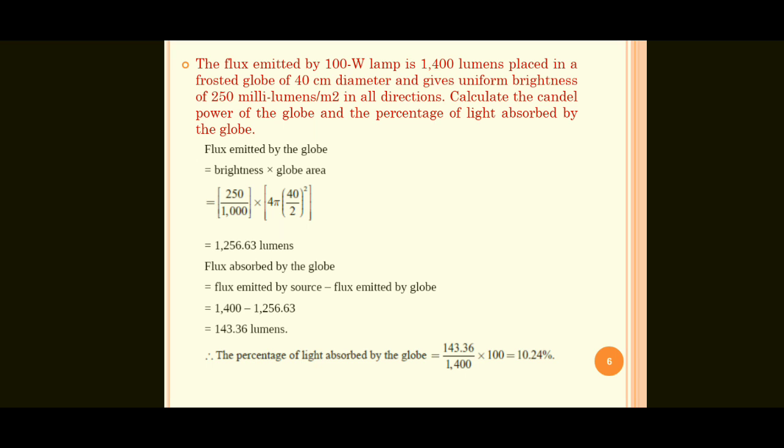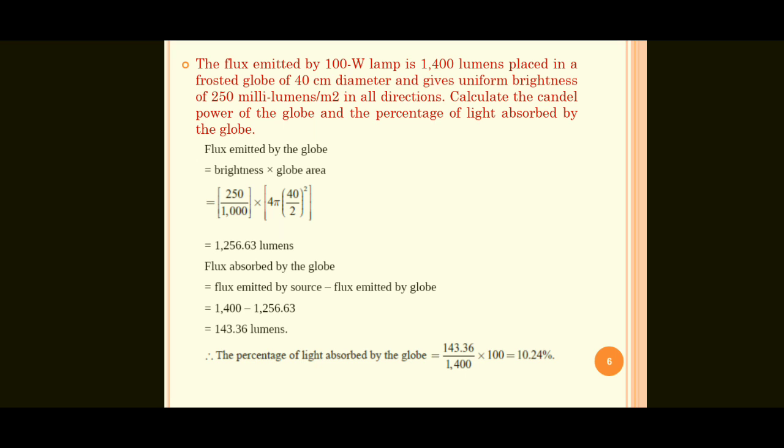So 1400 minus 1256.63. Here the 1400 is already mentioned in the problem: the flux emitted by the 100 watt lamp is 1400 lumens.